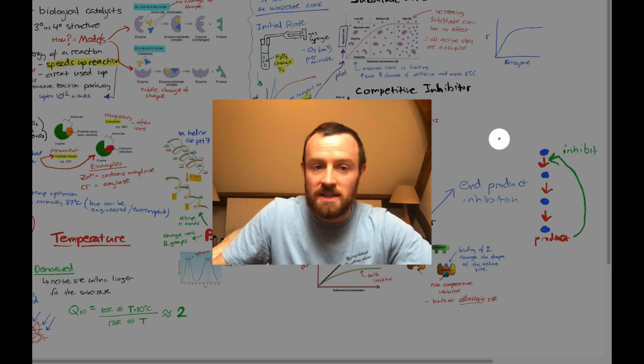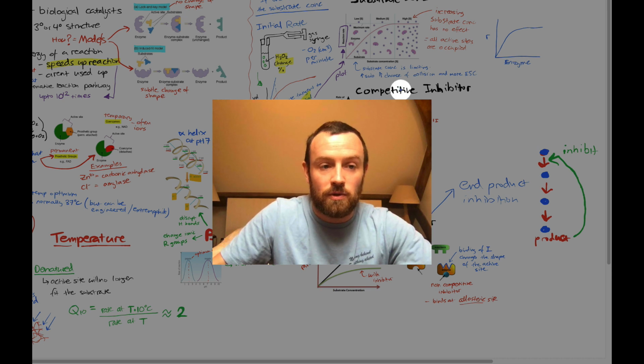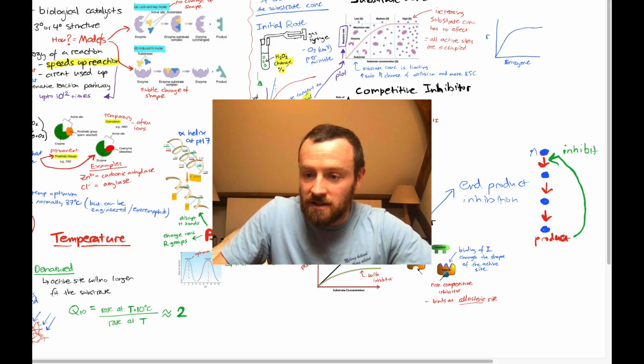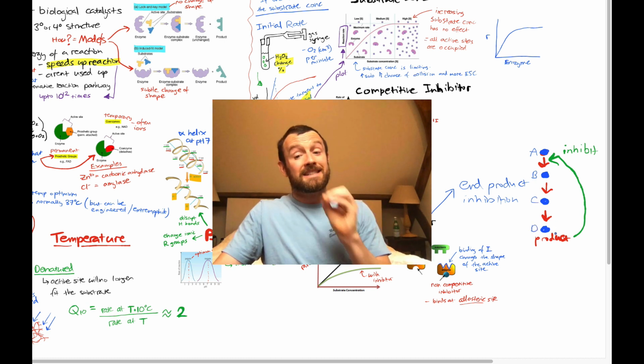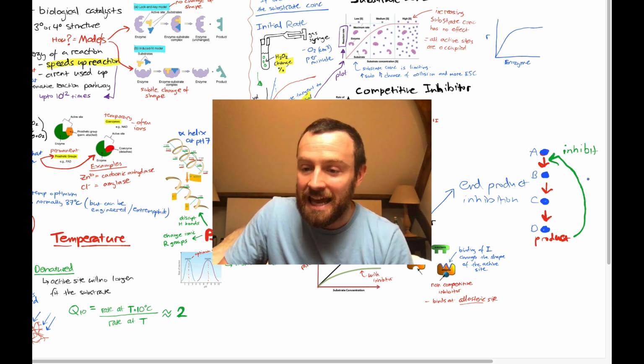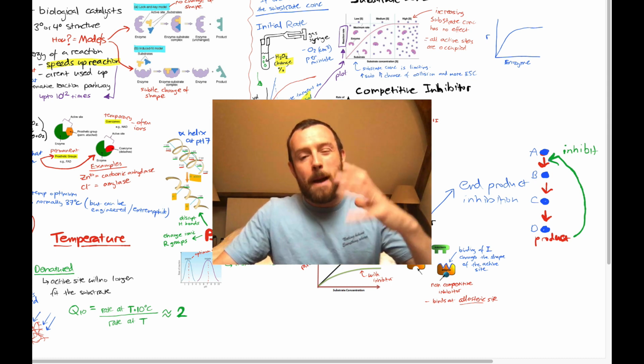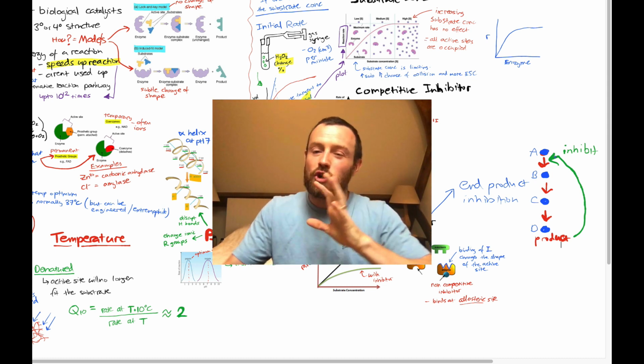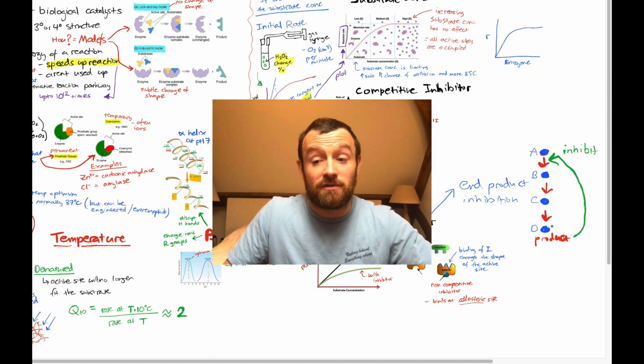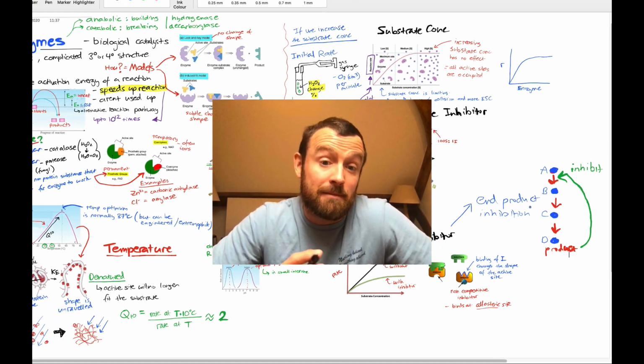So let's call these molecules A is the very first initial substrate, B, C, and then D is the final product. Sometimes the end product, D, might act as an inhibitor for this very first enzyme represented by the red arrow. And that basically is a way of the cell controlling the concentration of the final thing. That might be end product inhibition.